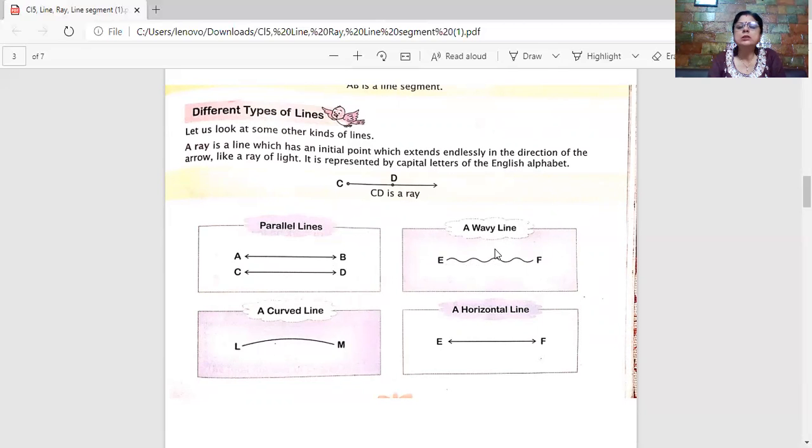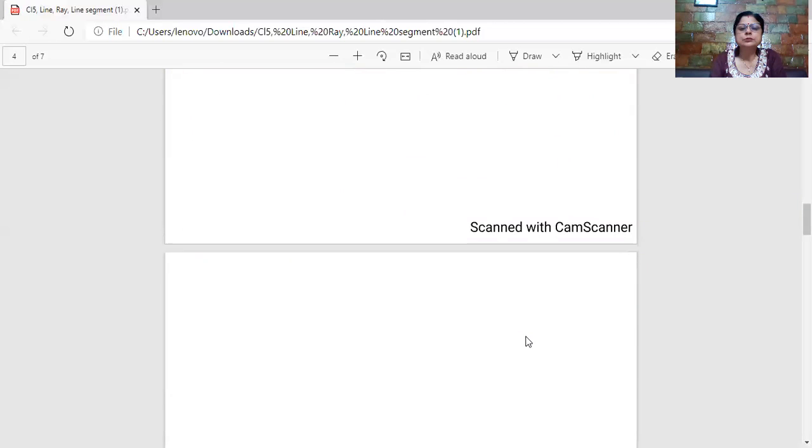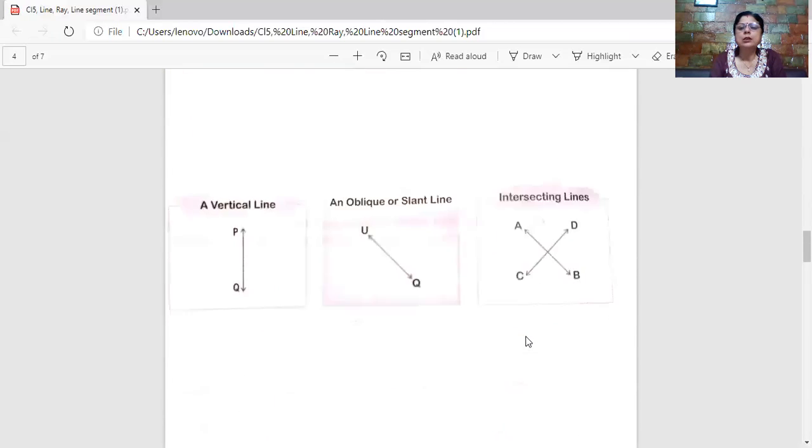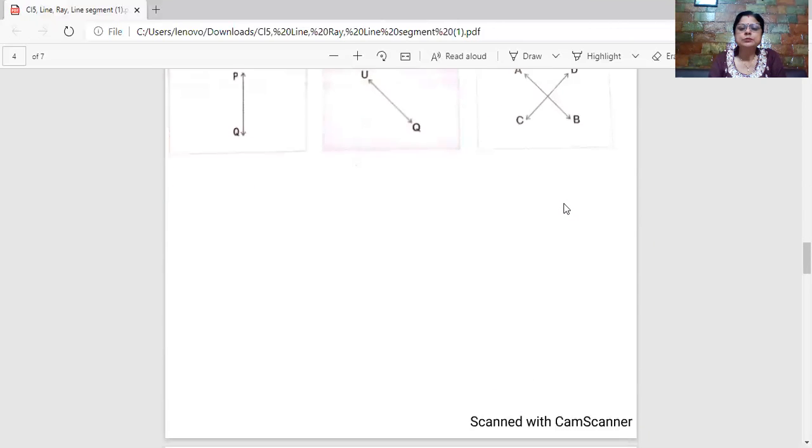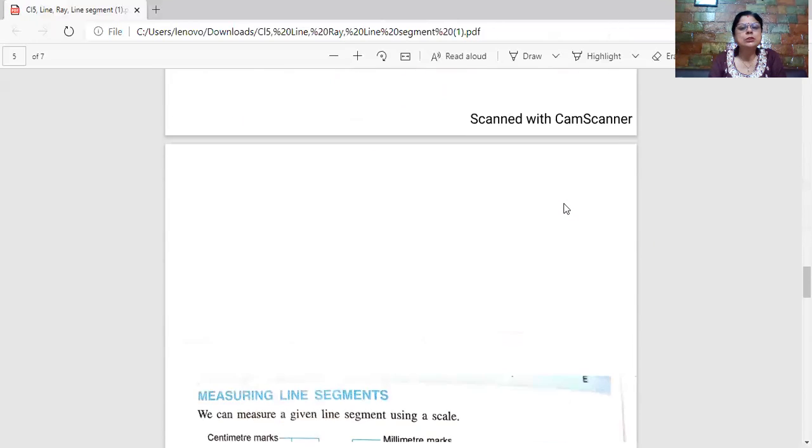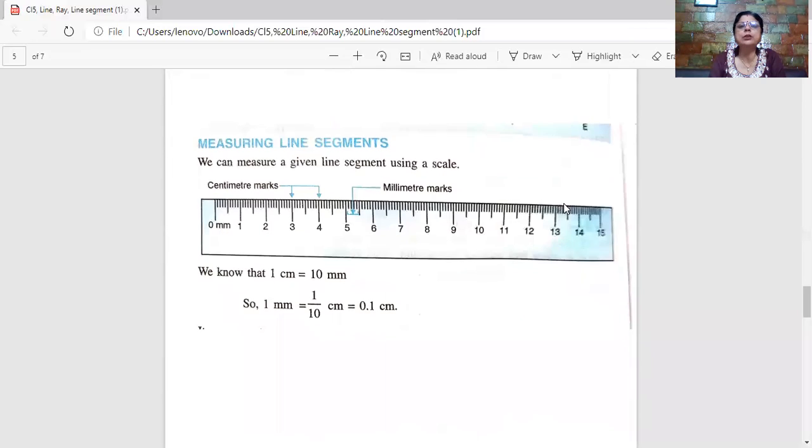Now these are some more lines: a wavy line, a curved line, a horizontal line, then you have a vertical line. This is a slanting line or an oblique line. Intersecting lines we have already studied. So these are some of the different types of lines.